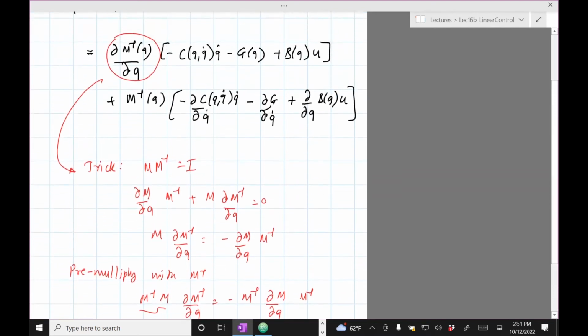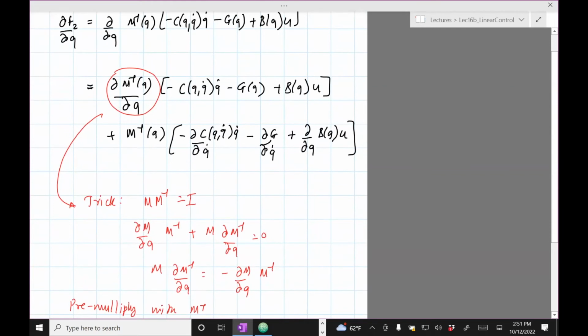So Q double dot is equal to 0 at the operating point, and you don't have to worry about taking the derivative of M inverse with respect to Q. We will not look at cases where we don't have that condition in this course.